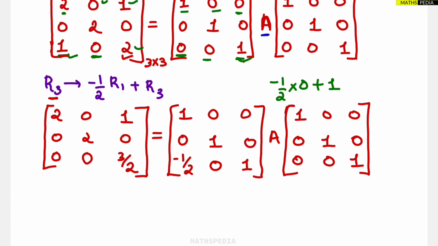Remember, in a congruent transformation, when you apply some transformation, here the row transformation I applied in order to make this element 0, that work is done. But apply the column transformation. The same thing has to be copy pasted. Just change it: R3 is sitting, so I have to take it as column 3. That is, minus half of R1 becomes C1, plus R3 becomes C3. Done.